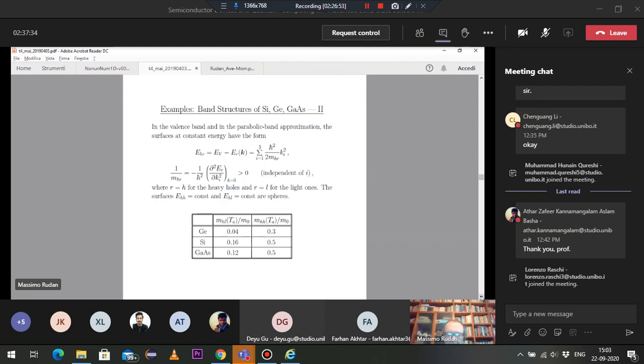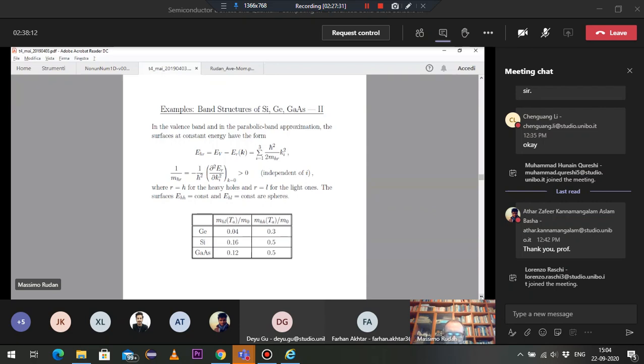You see that the effective masses depend on temperature. Why? Well, for the same reason as the lattice constant depends on temperature. If you increase the temperature, the lattice will expand. So the lattice constant will expand. The characteristic vectors of the direct lattice will expand. That means that the characteristic vectors B1, B2, B3 of the reciprocal lattice will contract.